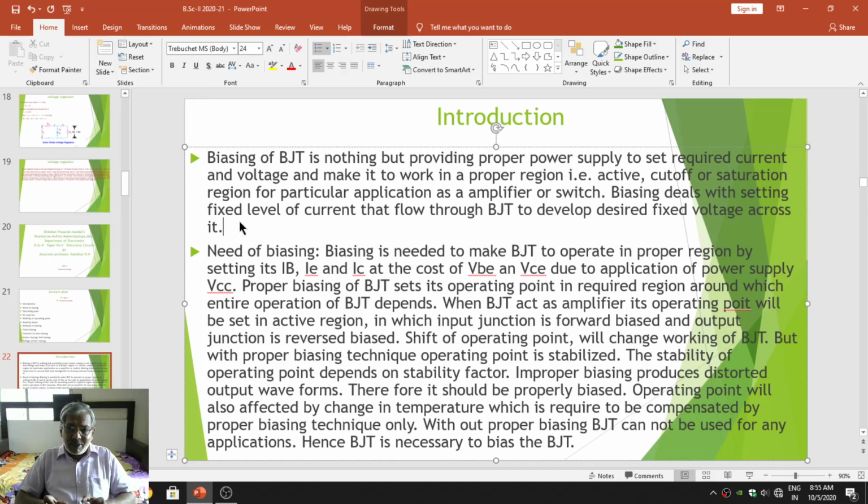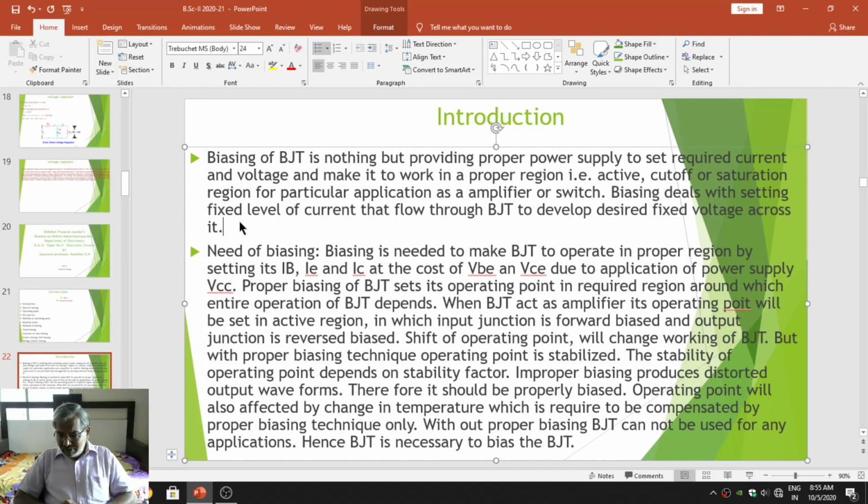With this particular type of connecting the power supplies, your BJT will work as an amplifier. We have already studied last year all these concepts.